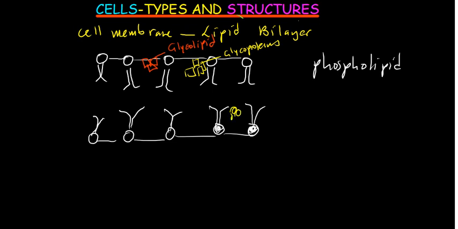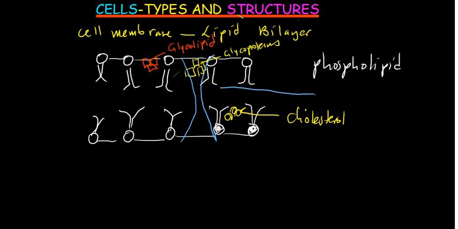Let me put this here as cholesterol. And we have got other transport proteins. This big thing you can see here, let me put it like this. This is going to represent a transport protein, or let me say integral protein.